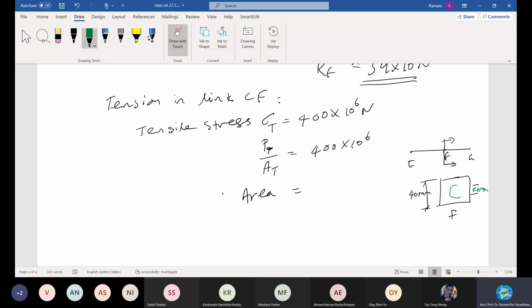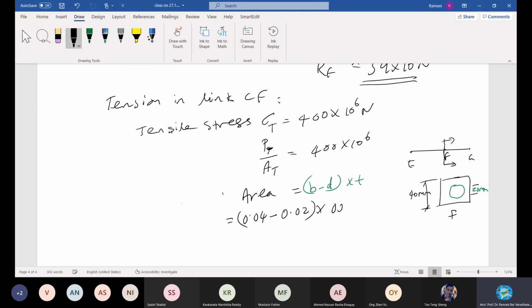If you take the net value of this one, it will be (B minus D) times T. What is the breadth? 40 mm, all in mm, which is 0.04. 40 mm minus the diameter, you need to deduct the diameter, times the thickness.